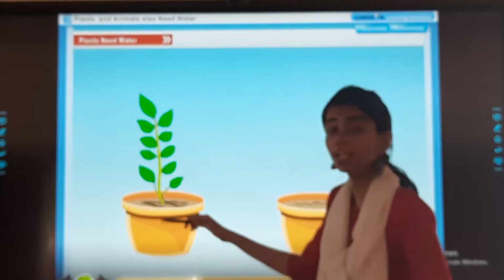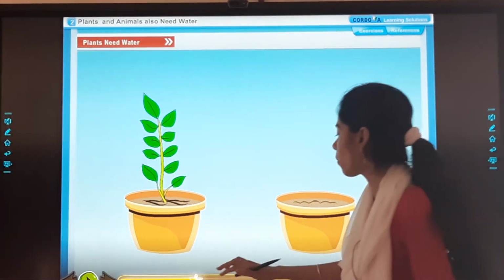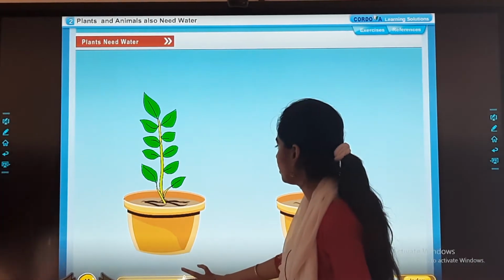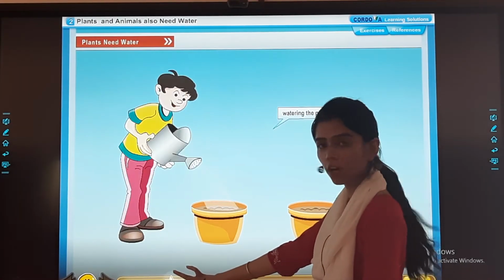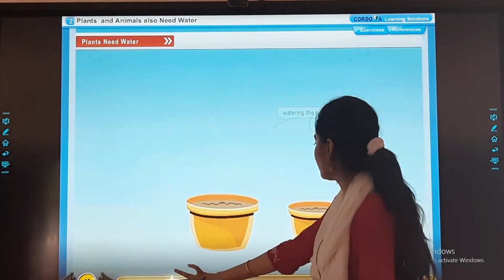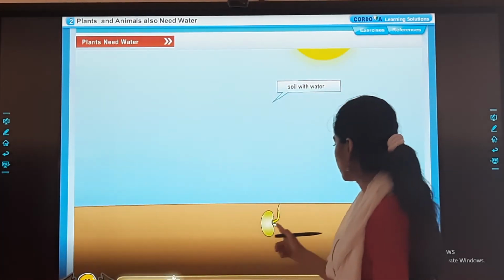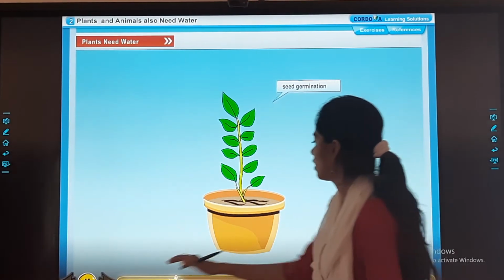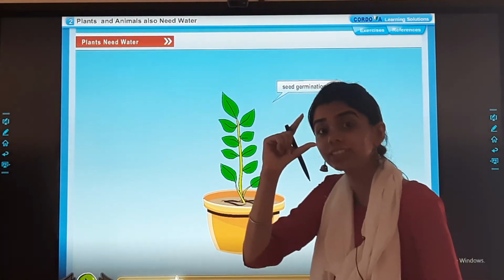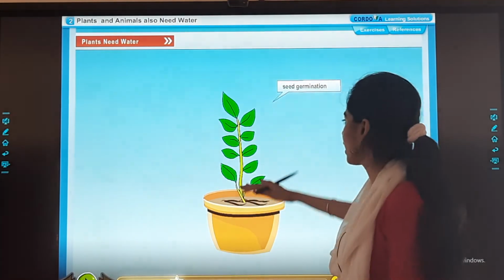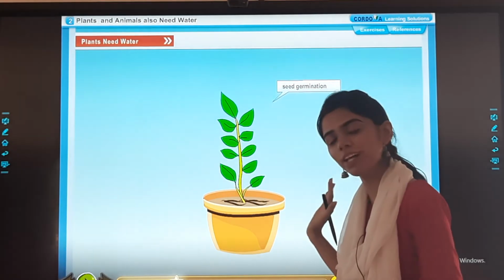See, the second one started growing. I'll show you again. See, this was the one which got water and small green plants coming out of the second pot. So what you saw that this small seed started growing and growing and it became a big beautiful plant.